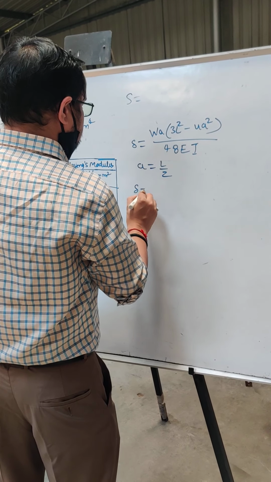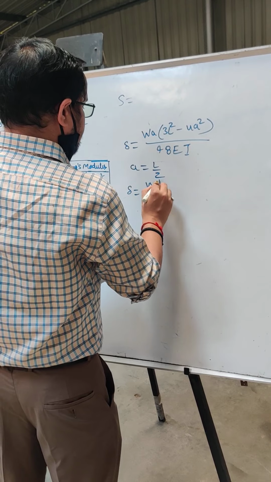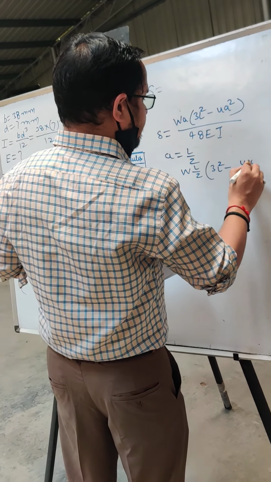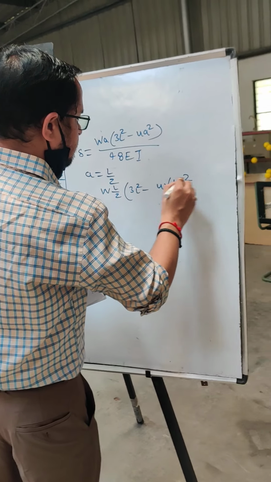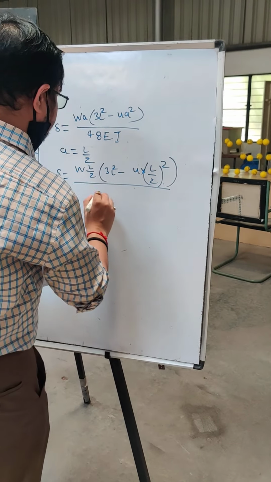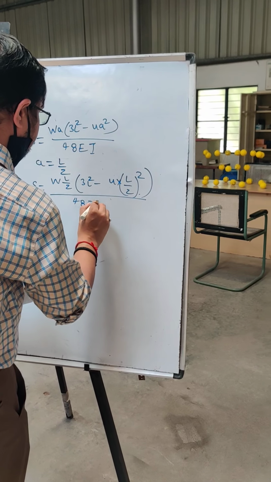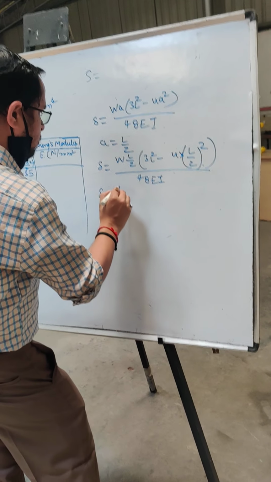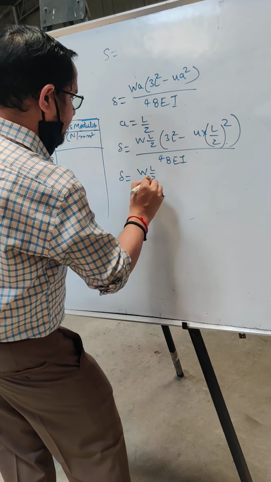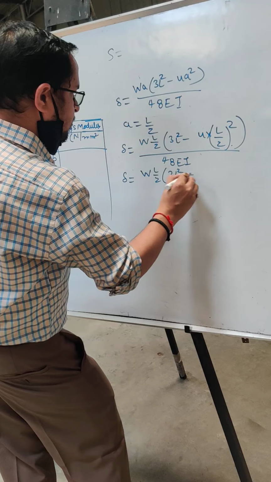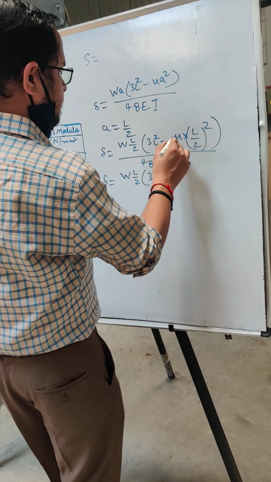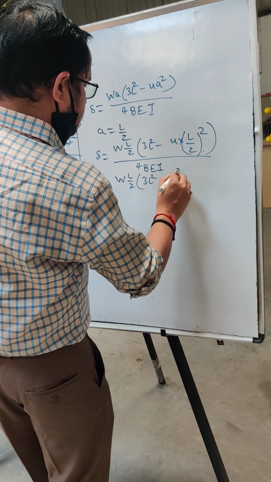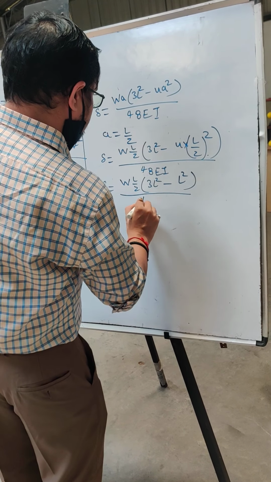So del is equal to W into L by 2 into (3L square minus 4 into (L by 2) whole square) divided by 48 EI. So del is equal to W L by 2 (3L square minus L square) divided by 48 EI.